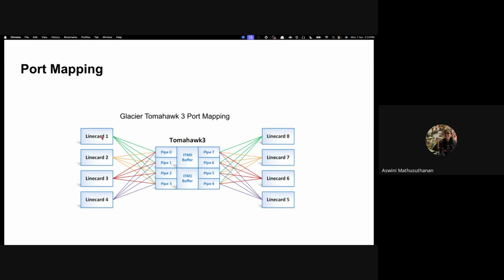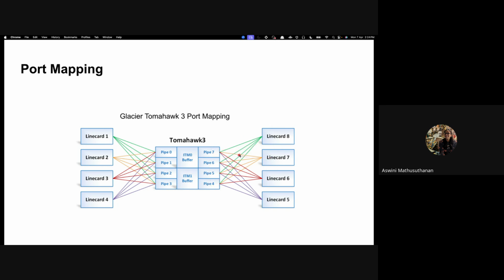We can see that line cards 1, 2, 3, 4 are mapped to the first 4 pipes, and there's a gap in between. The rest of the line cards 5, 6, 7, 8 are mapped to pipes 4, 5, 6, 7. So there is a one-to-one mapping between the line card and all the 4 pipes. The line card's interfaces are going to be split across the 4 pipes.